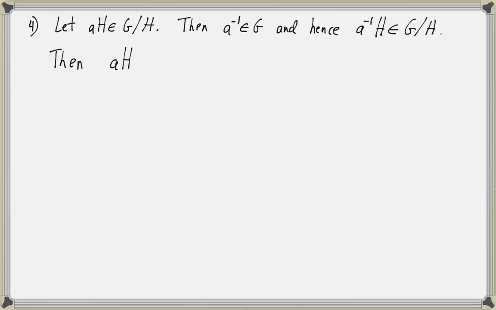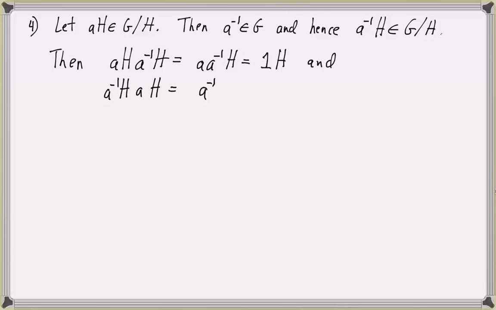So let's see that. aH times a inverse H equals a a inverse H, which equals 1H. And similarly, a inverse H times aH equals a inverse a H, which again equals the identity 1H. So G over H is closed under inverses.